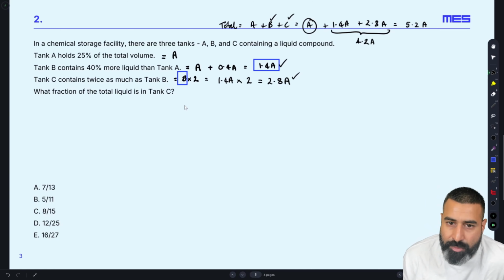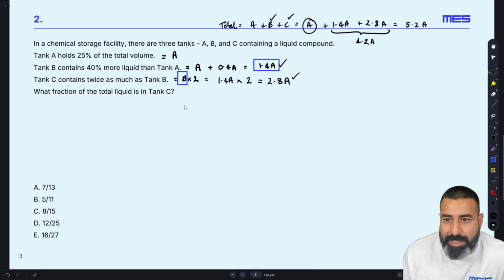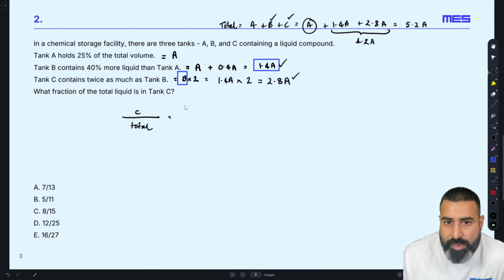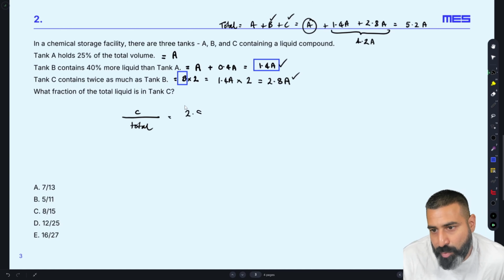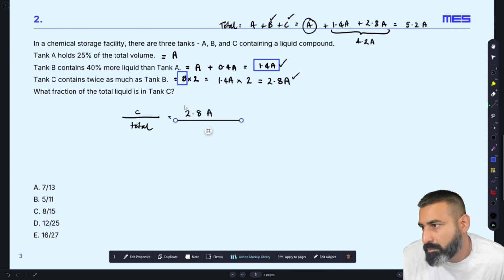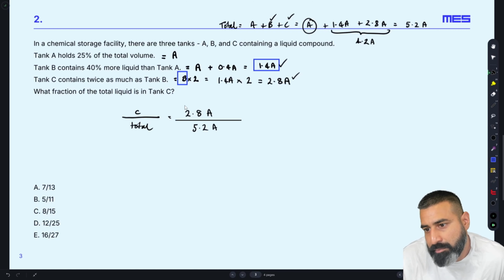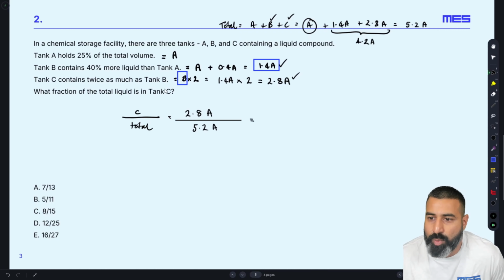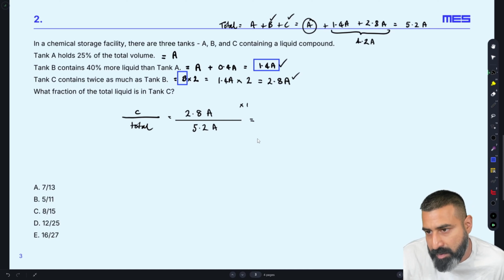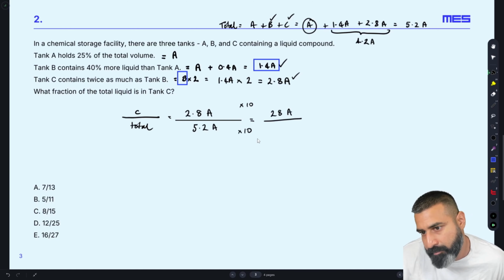I want the fraction of the total liquid. So what fraction of the total liquid is in tank C? So that's going to be tank C over the total. So what is tank C? Tank C is 2.8A. The total is 5.2A, so what does that give us? Now you might be inclined to use a calculator here, and I probably wouldn't. What I do is times the top by 10 times the bottom by 10 to give us 28A over 52A.